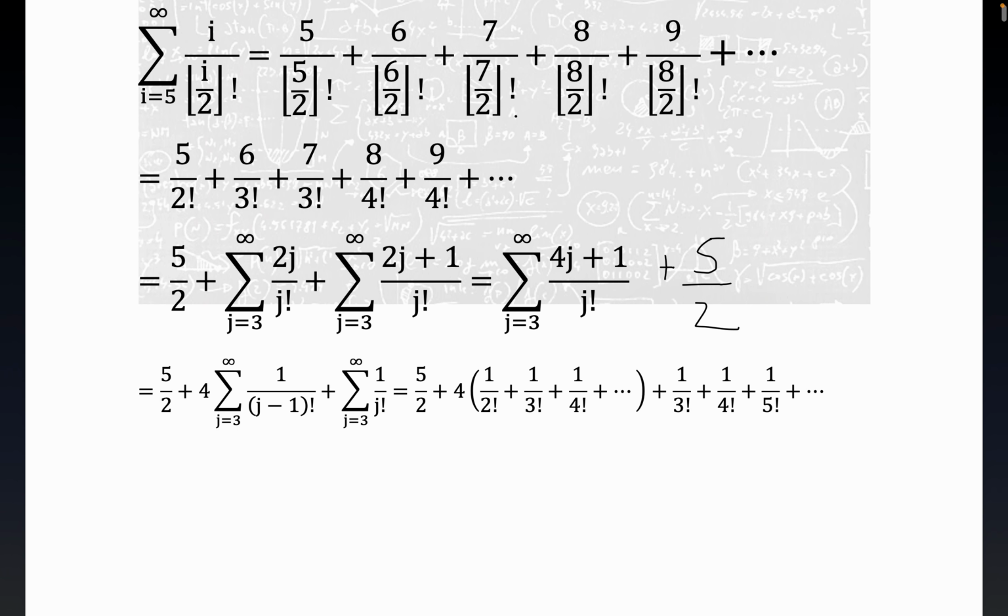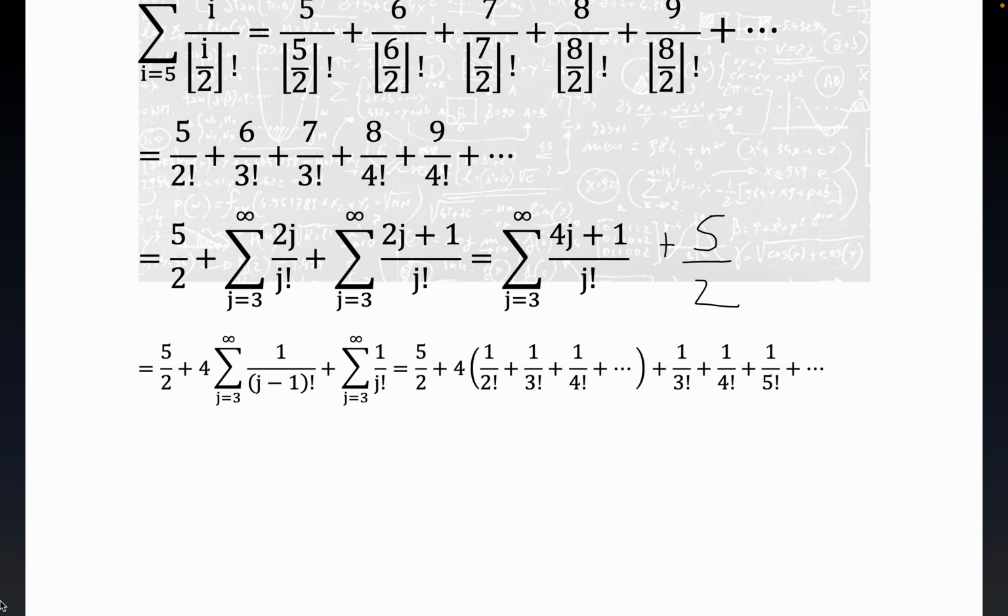And so this piece right here, let me just come down and write it down. It's really fairly straightforward. You'll have 5/2, our stray term at the beginning. It didn't pair up with anything. And this would be plus 4 times e minus 2. And you can just write this down by inspection.